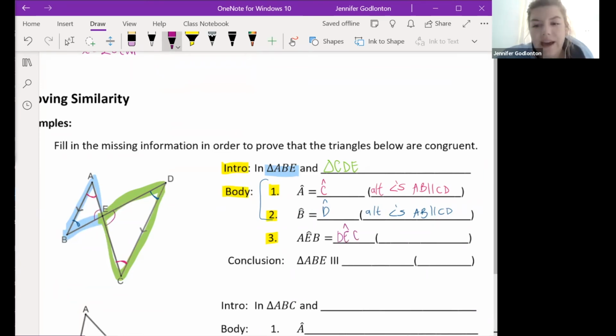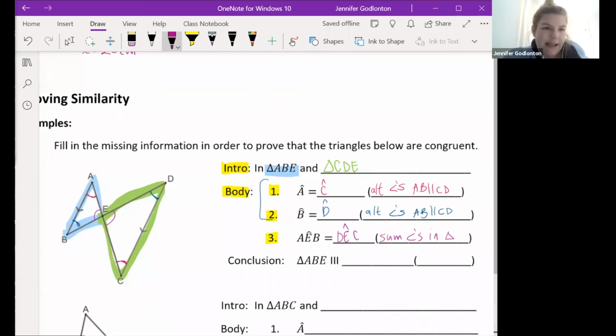And our reason for that would be third angle of triangle. Or depending on your school, you could say sum of angles in triangle. I'm going to keep it as this because it's the one that we spoke about together when we did geometry.